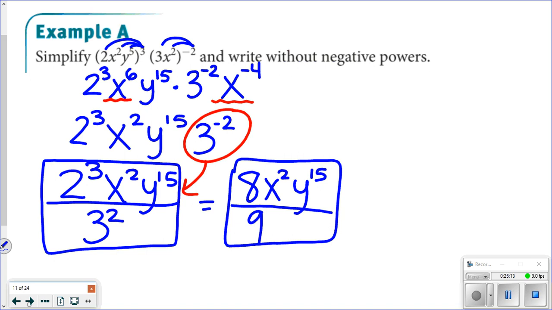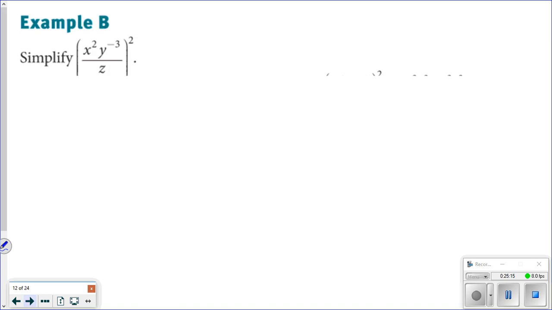All right, on the next page, example B. Go ahead and write this one down in the My Notes section of your book. We are going to take the exponents of 2 and distribute. So x, 2 times 2 is 4. Y, negative 3 times 2 is negative 6.